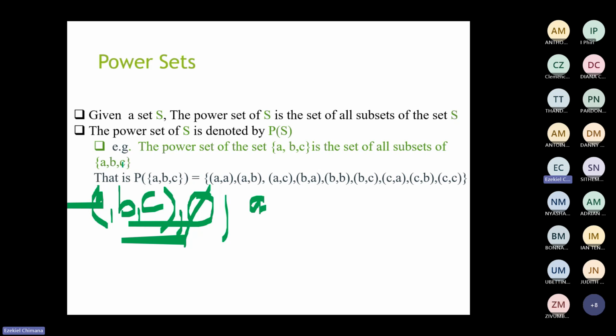A is a subset of this one. B itself is also a subset of that one. C itself is also a subset of that one. And then now you can pair, maybe AB, and after that, maybe you can pair AC.